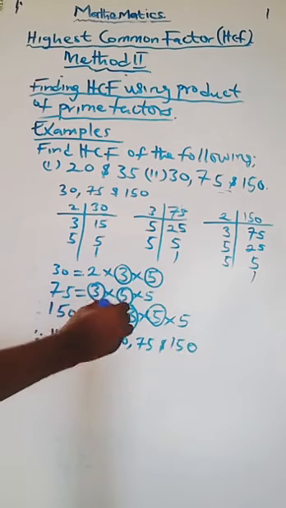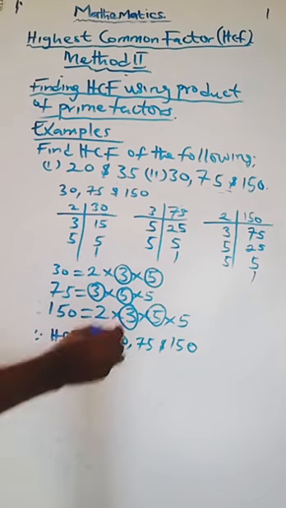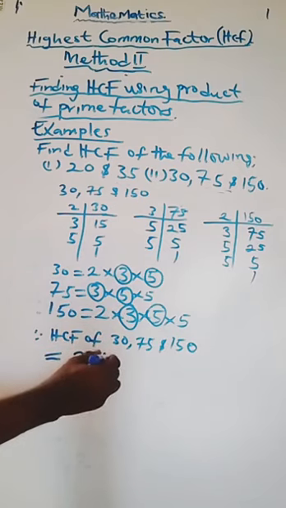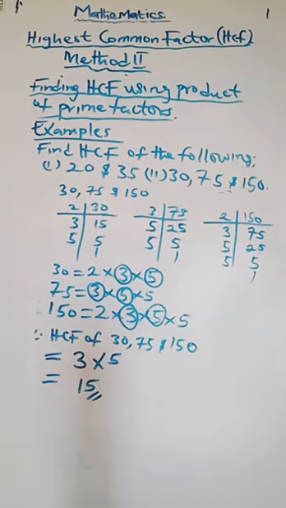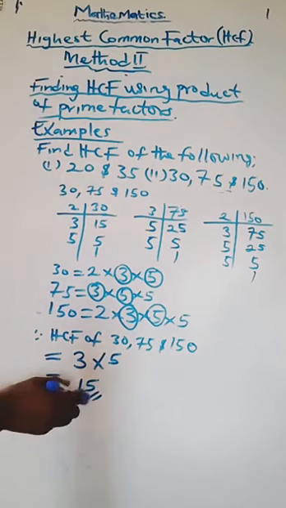You pick one out of the common ones. 3 is common, we pick it, and 5, which is also common. So the answer is 15. So the highest number that can divide 30, that will also divide 75, and also divide 150 without any remainder, is 15.